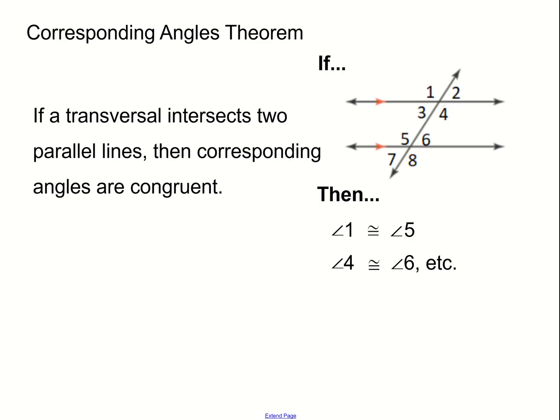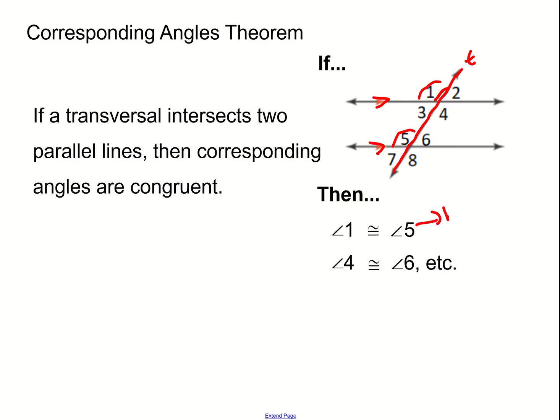All right, so now let's look at corresponding angles. So again, we have two parallel lines cut by a transversal T. And so it says that corresponding angles are congruent. So for example, angle 1 and angle 5 are congruent. And so we can say, because they occupy the same type of position, they're both above their lines and to the left of the transversal. And so those are the same angle. So they're congruent to each other.